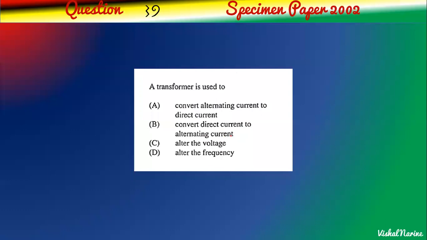The answer there is that a transformer is used to change the voltage. If you can recall, that is why we have a V1, V2, and step up and step down. That is basically the definition, whether we're going to increase the voltage or decrease the voltage.